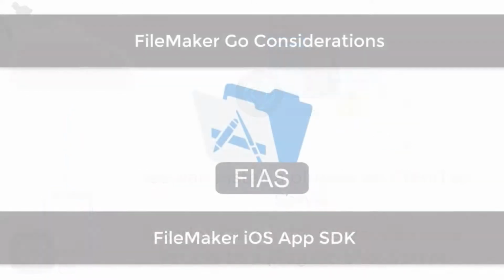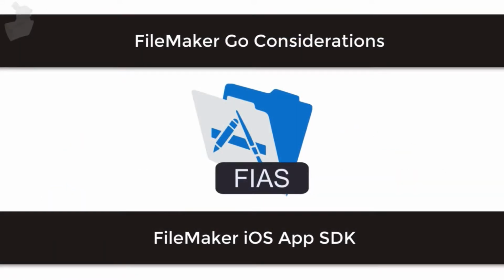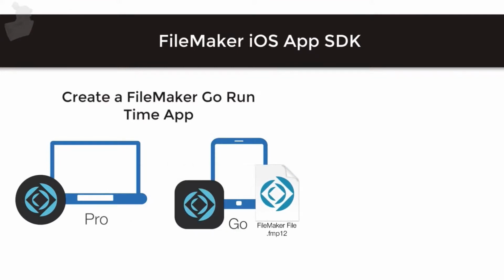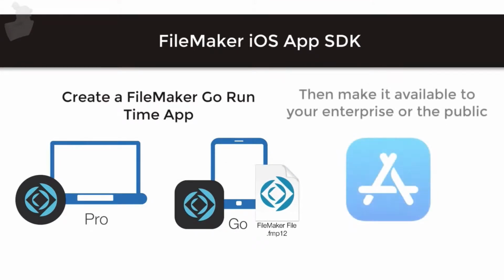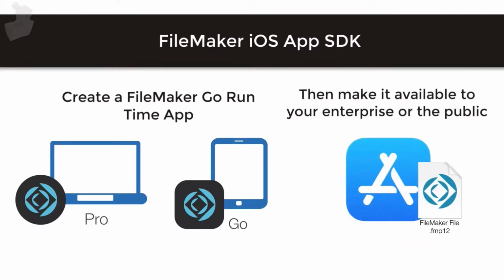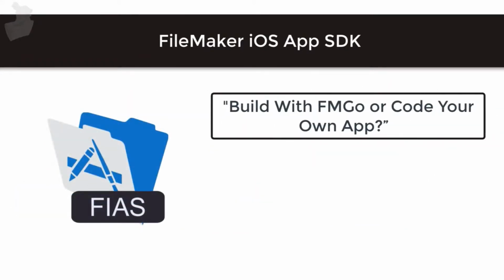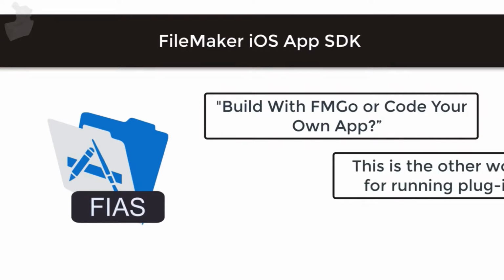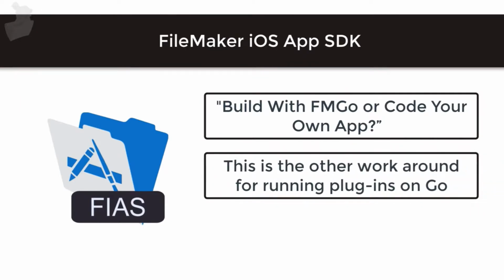Now, something else to consider is the whole idea of FiOS, or FileMaker's iOS App SDK. And that's basically the idea of creating a FileMaker Go runtime and then deploying that out to your own enterprise or making it available to the public on Apple's App Store. Now, we talk about this in a previous video. I'm not going to spend too much time here, but you can run plugins if you build your own iOS App SDK.